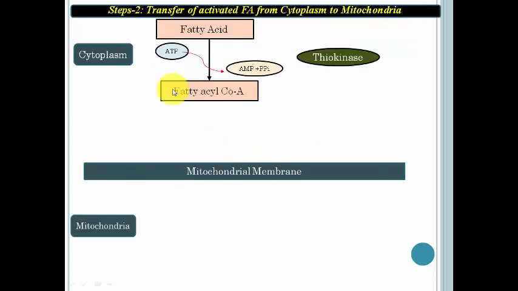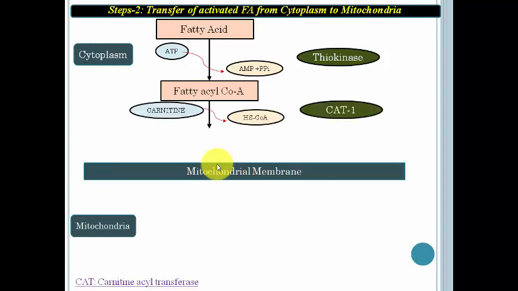The next step in the preparation of the pathway is the transfer of the activated fatty acid from the cytoplasm to the mitochondria. This fatty acyl CoA, which has been formed in the cytoplasm, cannot traverse the mitochondrial membrane. So that function will be carried out by carnitine, which is one of the tripeptides.